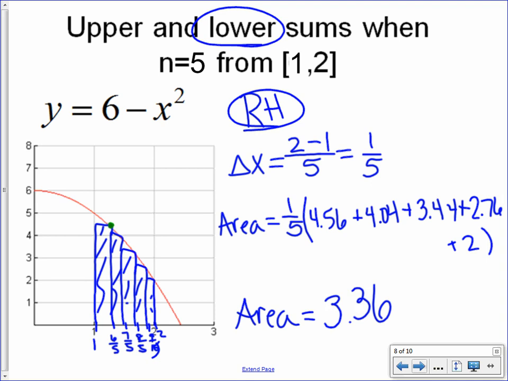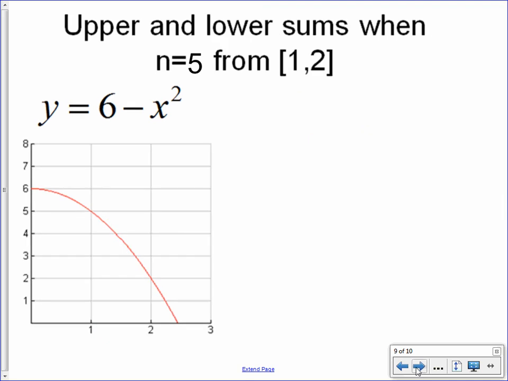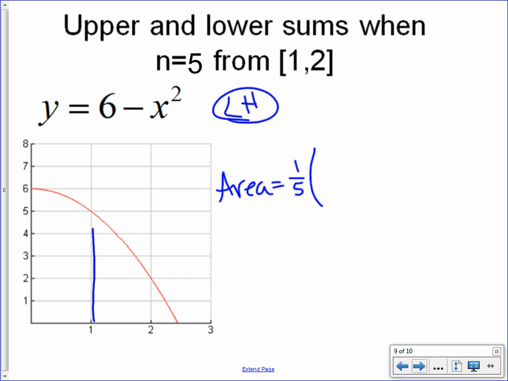All right, so now we want the upper sum. So we want the over approximation, which means we're going to use left hand endpoints. Everything's the same as far as our width. We're just now creating rectangles where we use the left part of the interval. So that first rectangle is going to have height when x is 1. So when x is 1, our height is 5.